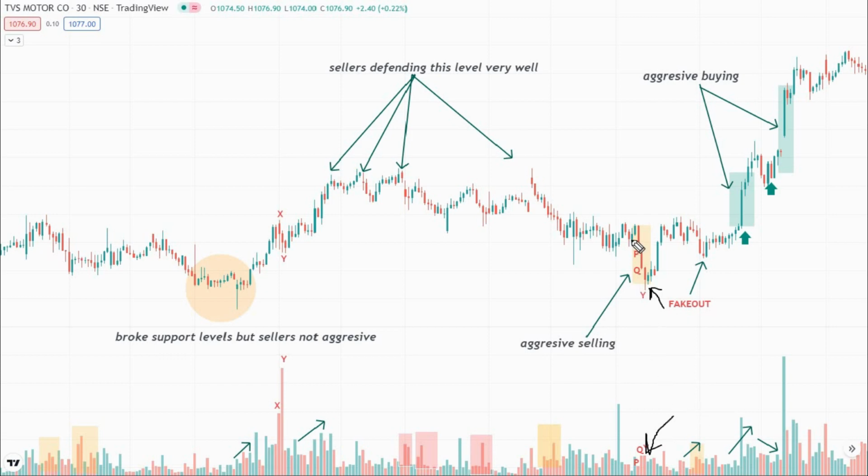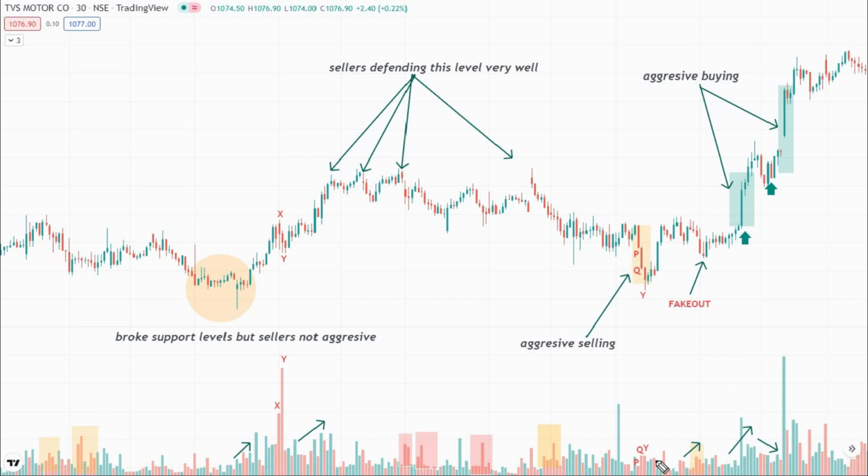Now after this P, Q and Y, if this was all selling pressure, then our expectation should be a weak pullback with lower volume and then continued downward momentum. Okay, but here what happened? Strong buying pressure with an increase in volume, which absorbed all this selling.